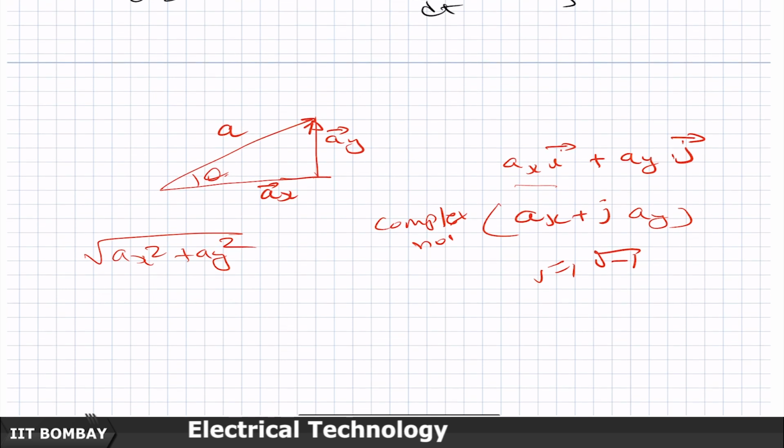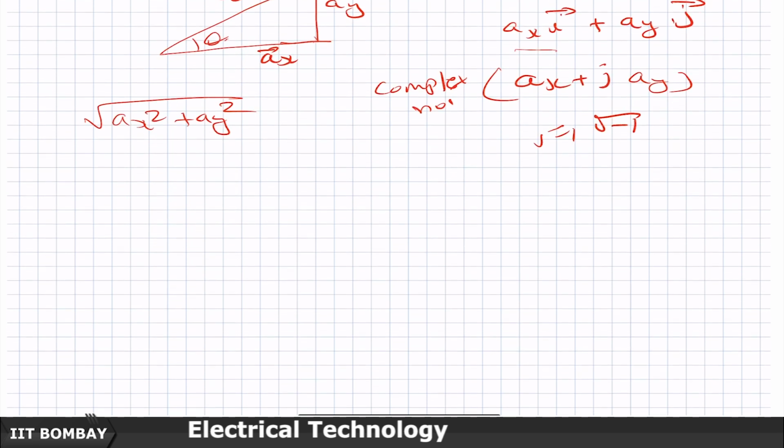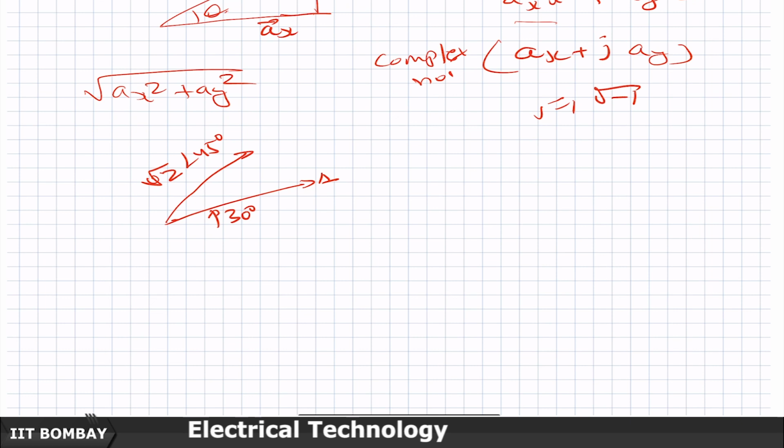So, now instead of adding vectors, suppose I give you one vector, let us say 1 at an angle of 30 degrees, and another vector, let us say root 2 at an angle of 45 degrees, and I ask you to add these two vectors.